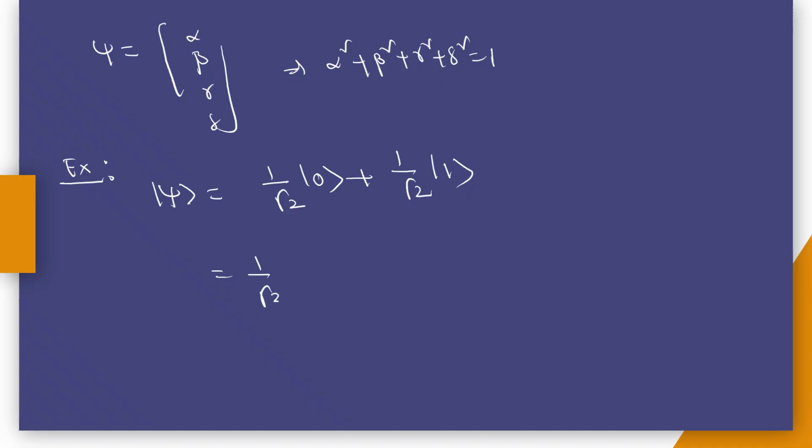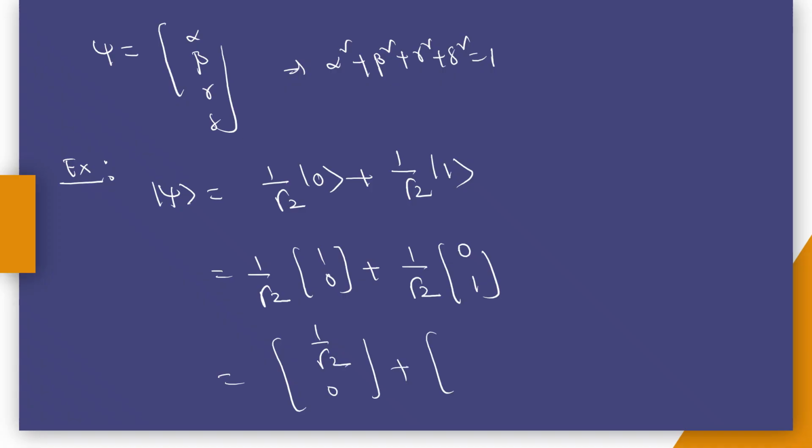Therefore, state 0 is taken as 1 0 and state 1 as 0 1. We can write it as 1 by root 2 times 1 0 plus 1 by root 2 times 0 1, and it can be represented as the column vector 1 by root 2, 1 by root 2.